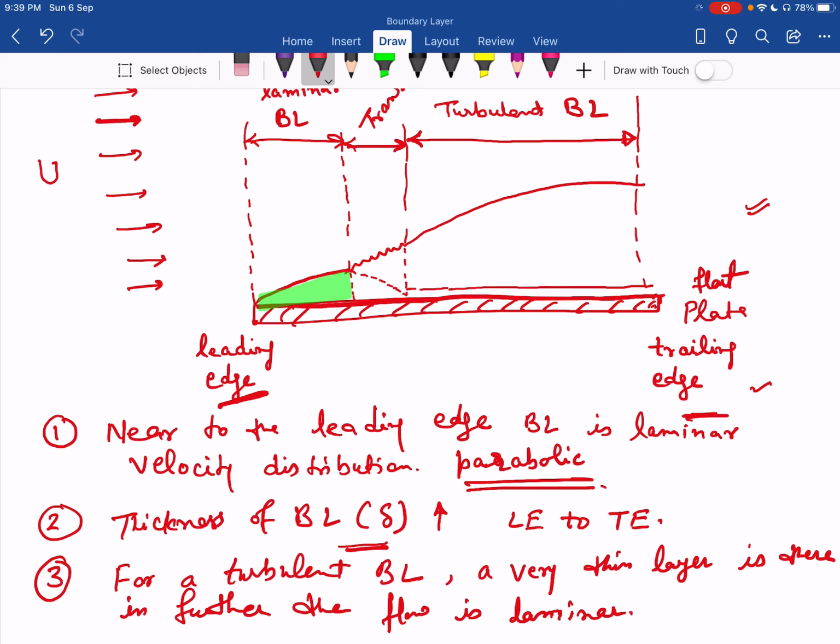Okay, so you can see this part of the boundary layer, the flow is turbulent, and this boundary that is shown in yellow color is the turbulent boundary layer. Within this boundary layer, we have a part that is adjacent to the plate where the flow is again laminar.